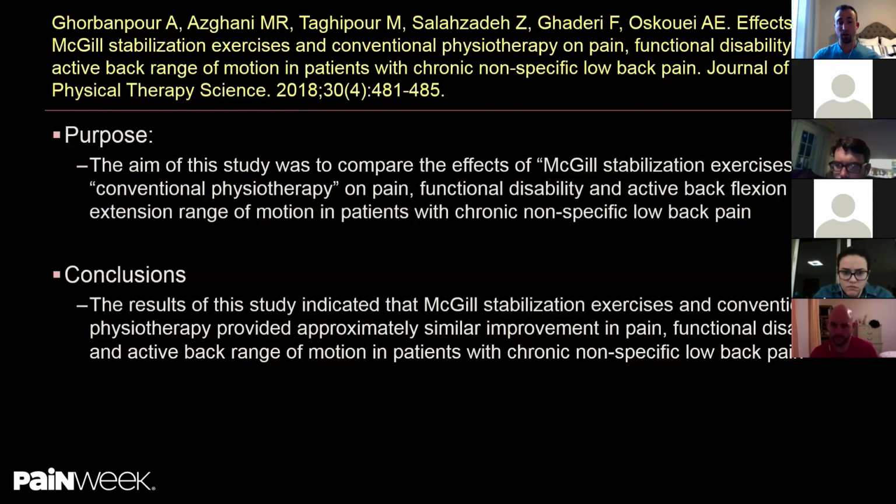So it shocks me that the McGill Big Three was not better than these other exercises, because I would, in my biased way, look at some of these other exercises that were used in the traditional or conventional physiotherapy and say, well, this isn't necessarily just the best exercise. They didn't do this. They didn't do that. They weren't challenging these people's biases. They weren't pushing them really hard to get stronger, to do X, Y, and Z. But that's my own bias.